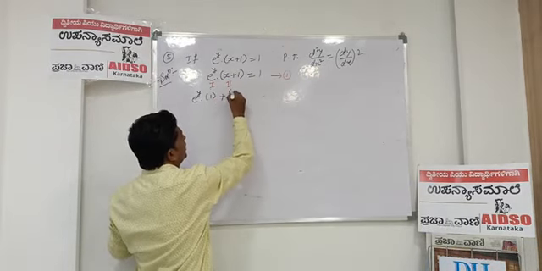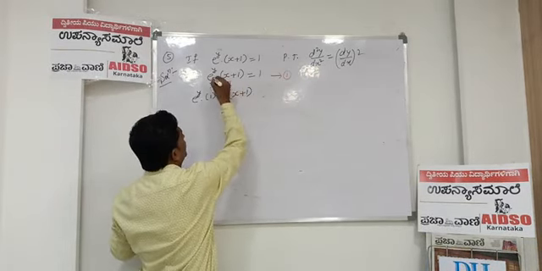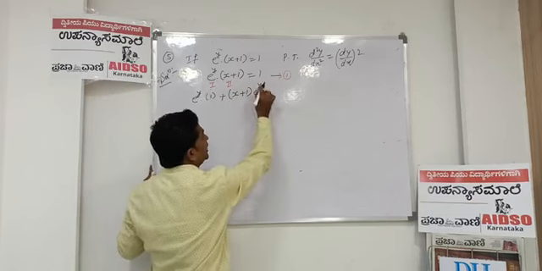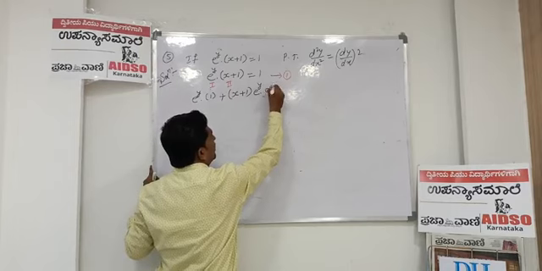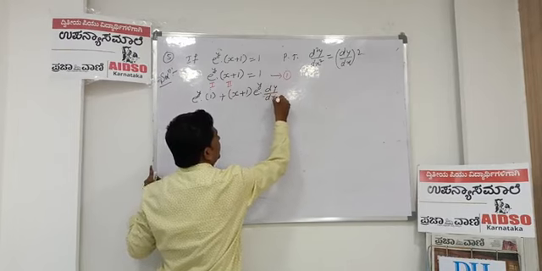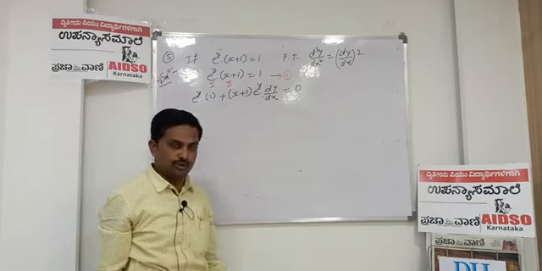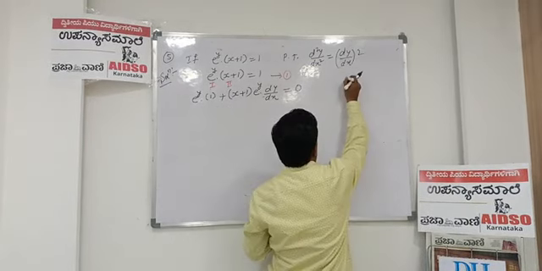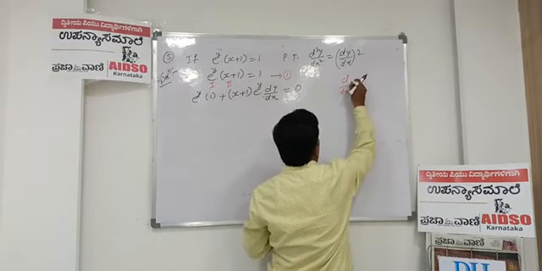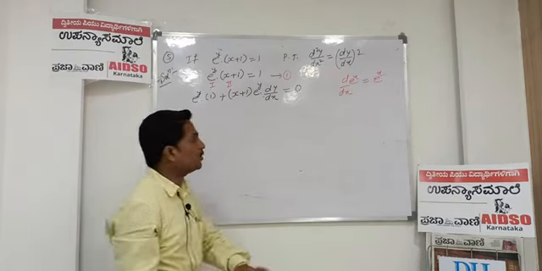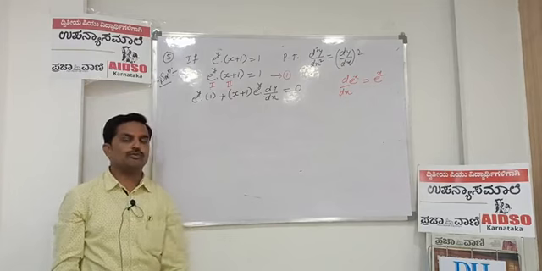What is the second function? x plus 1 into the derivative of e raised to y, which is e raised to y into the derivative of y, that is dy by dx, is equal to the derivative of 1, which is 0. So here we applied that the derivative of e raised to x is e raised to x. Once again I am repeating this, this is a very important step.